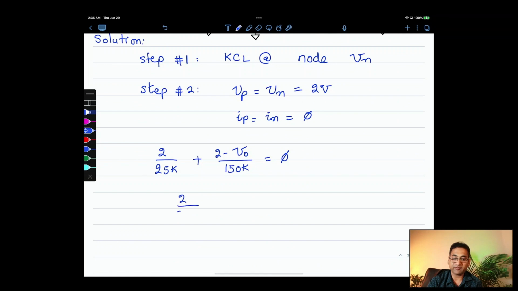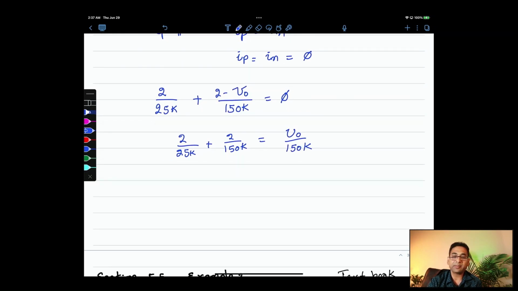2 over 25k plus 2 over 150k equals Vo over 150k. Multiply both sides of the equation by 150k.